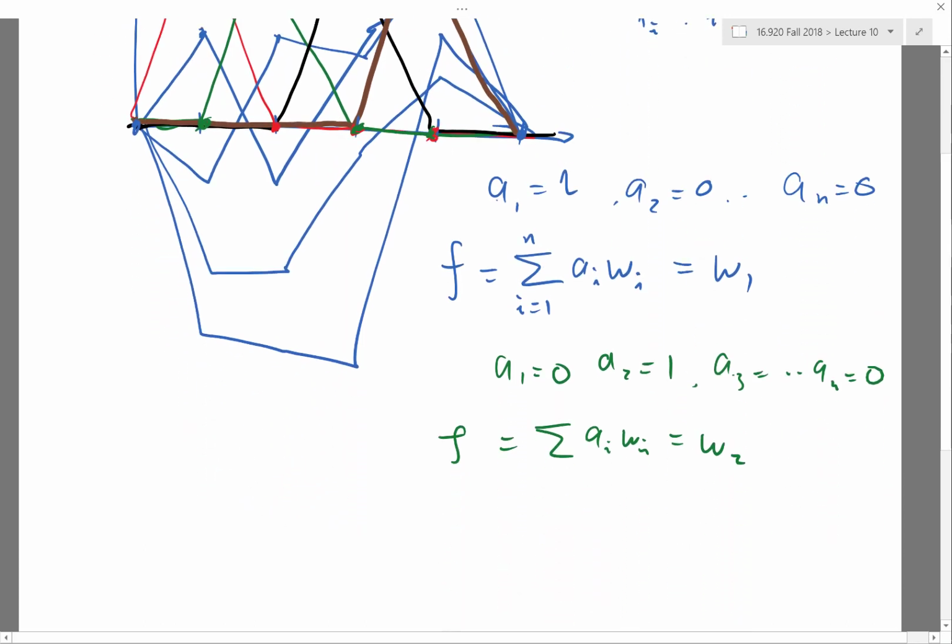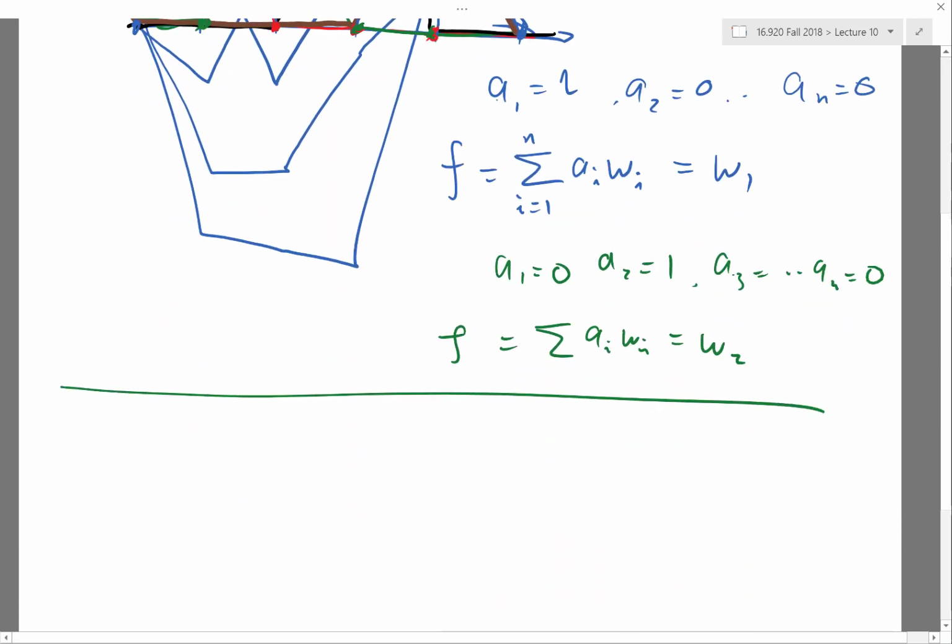So this is an example of how you construct a basis. And next, what we want to talk about is, now that we have the basis, how do we solve the equations?